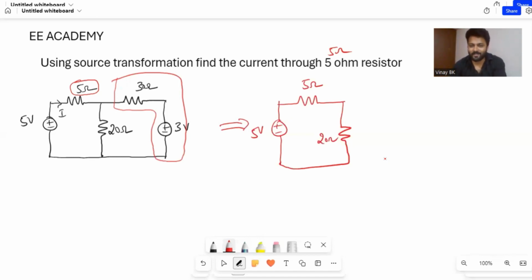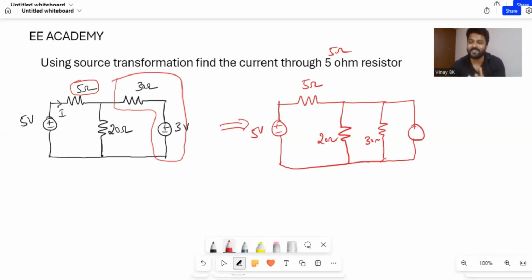It becomes a current source with the 30 ohm resistor in parallel with it. So you need to find the current source value.